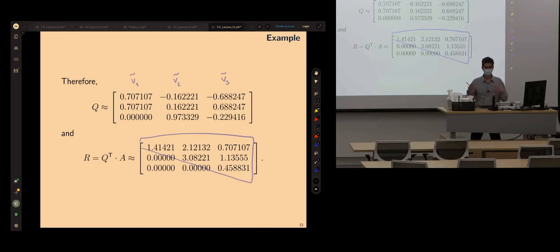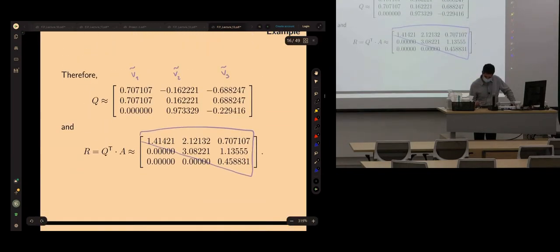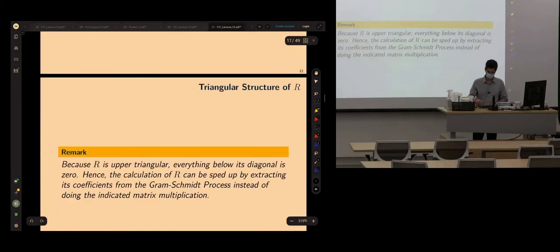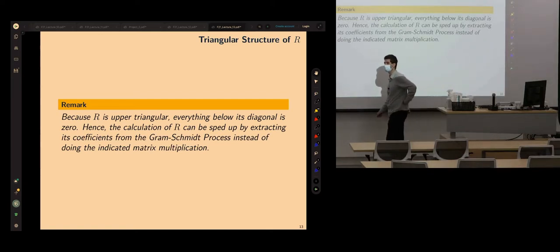How can you give a recipe to solve linear systems if it's not? Because then back substitution won't be applicable. Again, approximation sign here because of rounding errors. If Q is approximated, then R, of course, will be approximated. Multiplying Q by A is only going to make it worse. But this is not a problem in practice. You don't need to be worried about it too much.